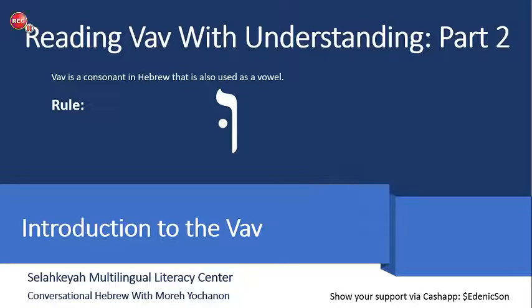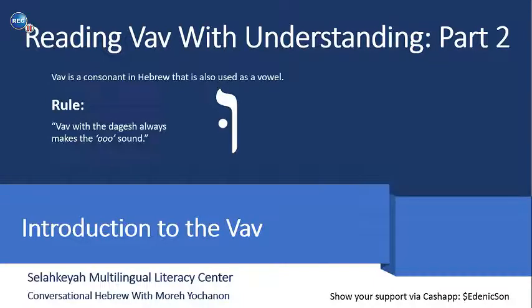So now we're going to deal with this Vav here, this Vav with the Dagesh next to it. The Vav with the Dagesh always makes the U sound, okay? U, as in food or as in good. Whenever you see a Vav with the Dagesh, you are more than likely to see the Nikud on all of the letters.